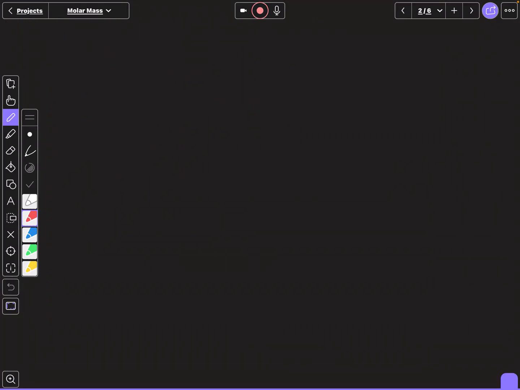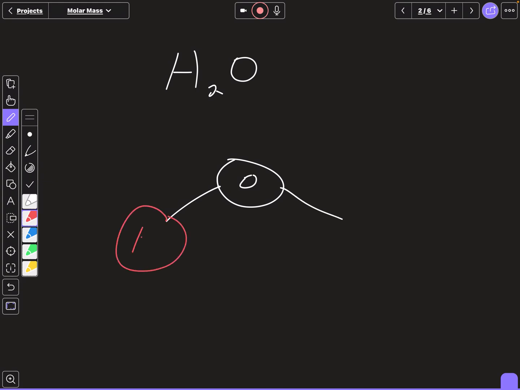Now, can I give you an example? If we have H2O, on a molecular level, that would be an oxygen atom bonded to 2 hydrogens. Now, if we're going to find the molar mass of that, if we looked up the individual masses, for oxygen it would be 16.00.